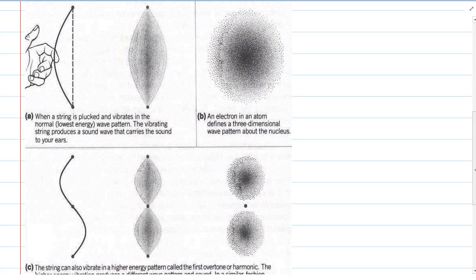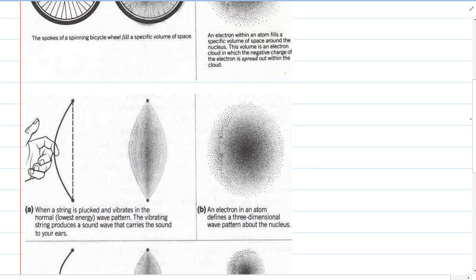And it turns out that we'd say that the energy is inversely proportional to the wavelength.